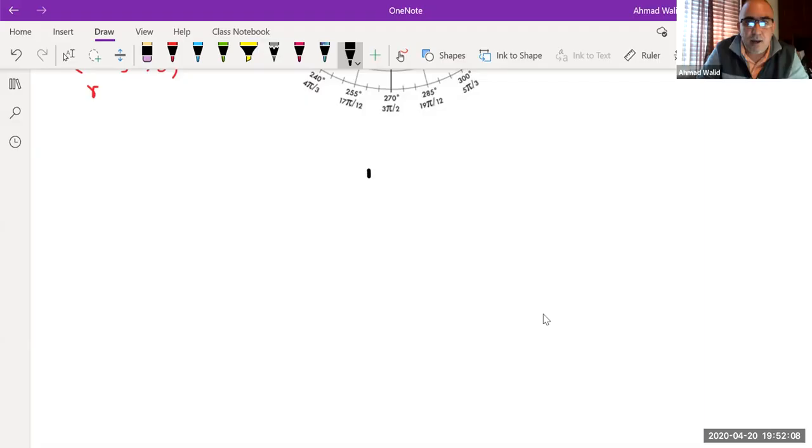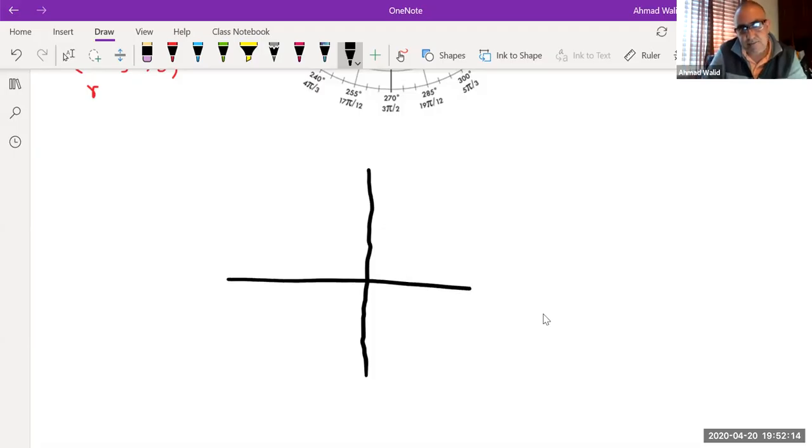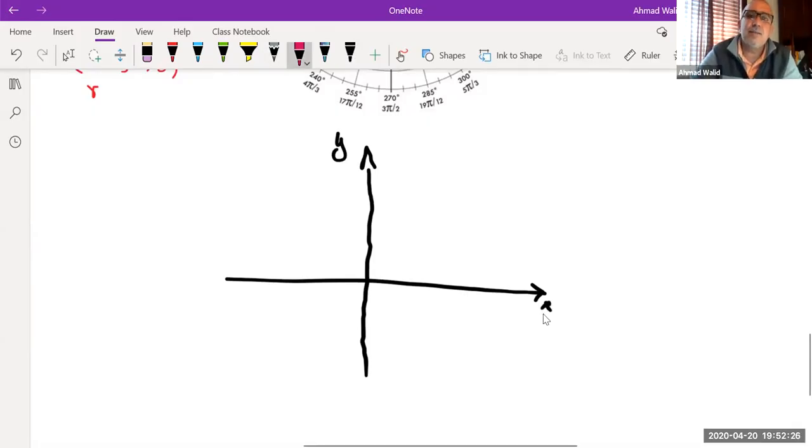Let me draw first the Cartesian coordinate system. Here X, let's name here Y, correct? If I draw here an angle, and here I'll stop. This angle is, for example, theta.